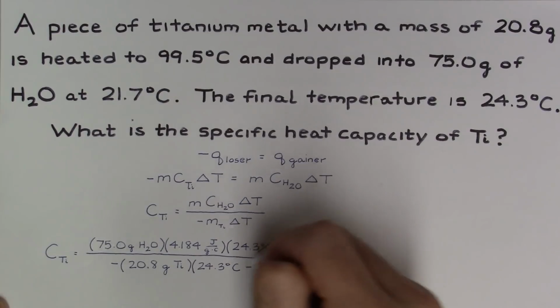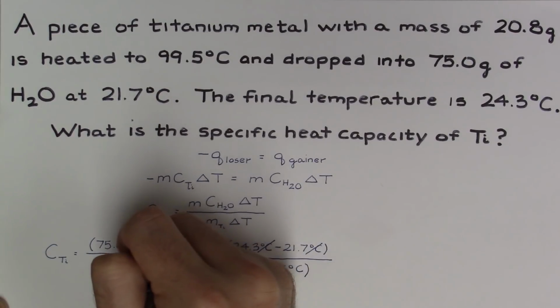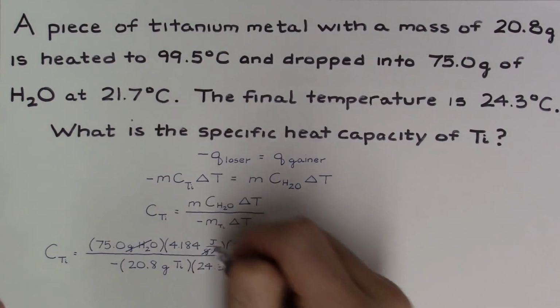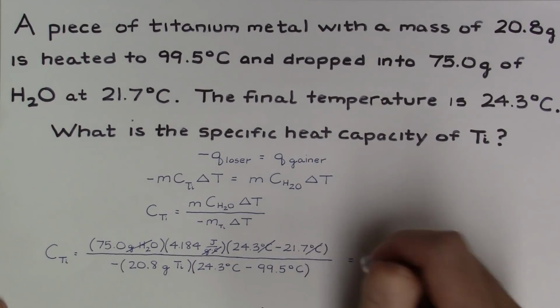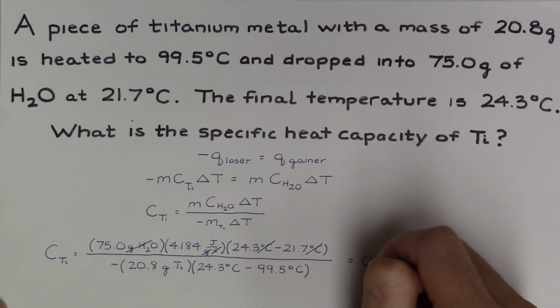Let's look at our unit cancellation. Our Celsius will cancel on the top. Our grams of water and grams will cancel. But now we're left with joules, grams of titanium over degrees C, which is a good unit for our specific heat capacities.